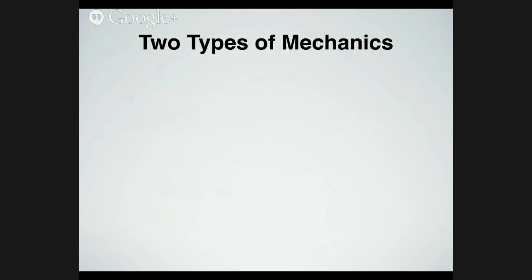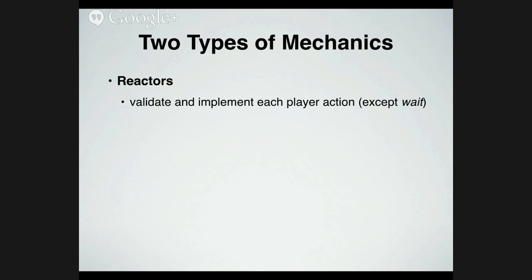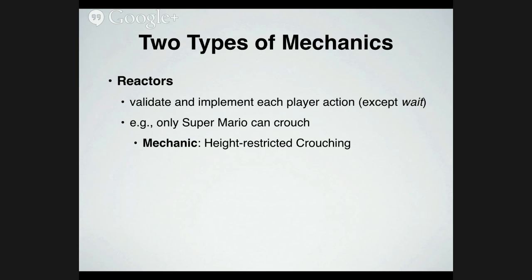Now, in this context, I like to think about game mechanics in two flavors. The first one I call a reactor. This is something that validates the game rules. So it makes sure that if you try to walk into a wall, it doesn't let you through, or that only Super Mario can crouch.